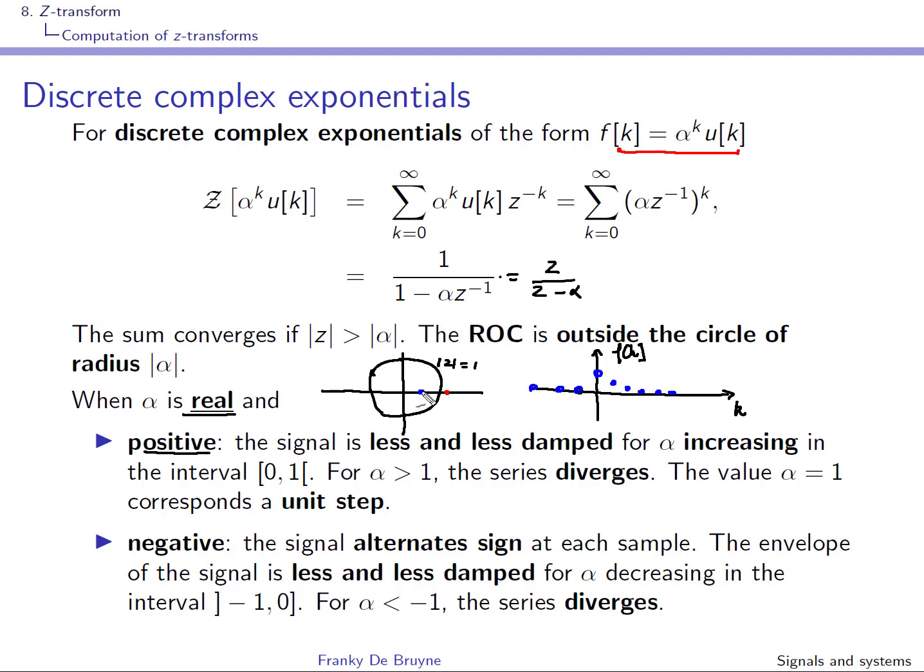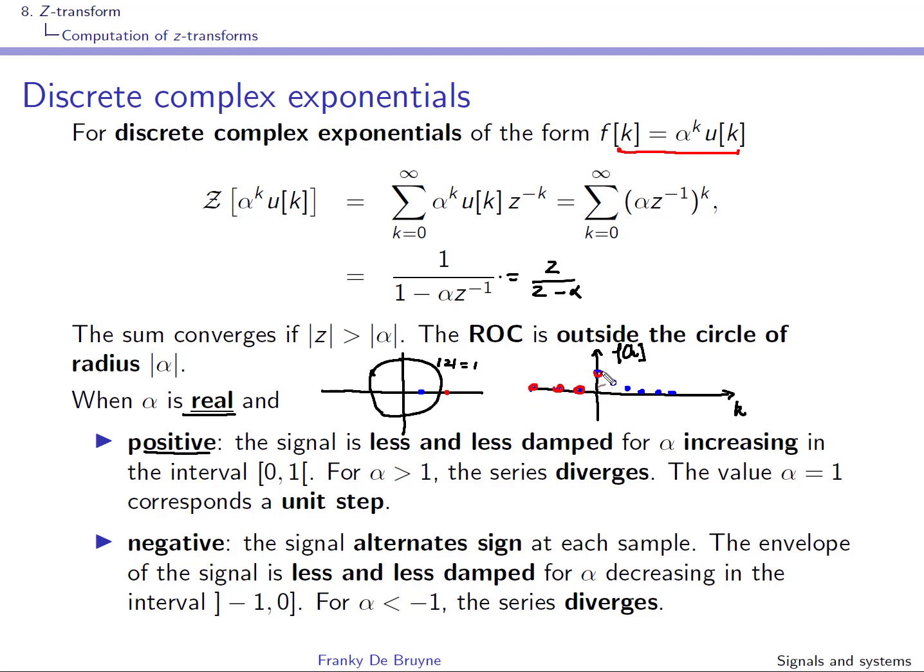This corresponds to a pole that is inside the unit circle, and you'll have to make the link with stability later. So we can now have a look at what happens if alpha is outside the unit circle, so it's positive and larger than 1. Obviously the sequence is still causal.